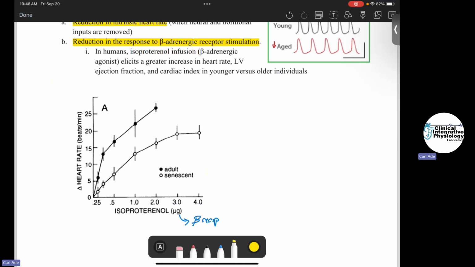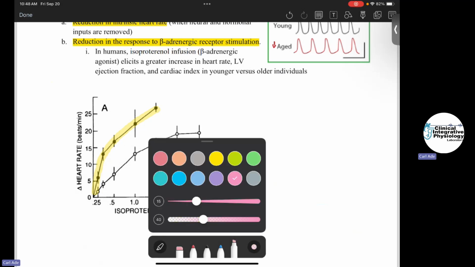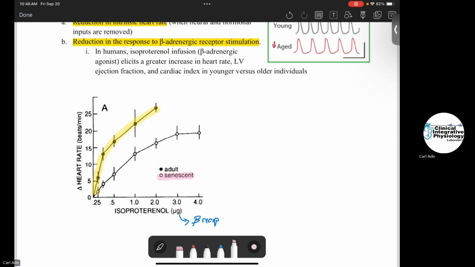We look at the change in heart rate here in our normal adults. We get this nice big increase in heart rate. In senescent adults, so our older adults, there's a much lower response.